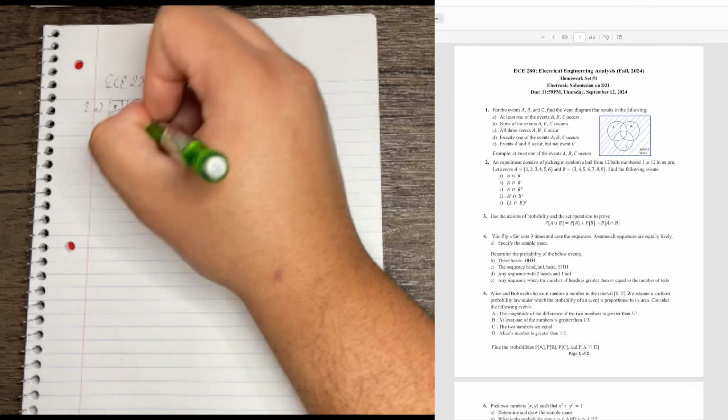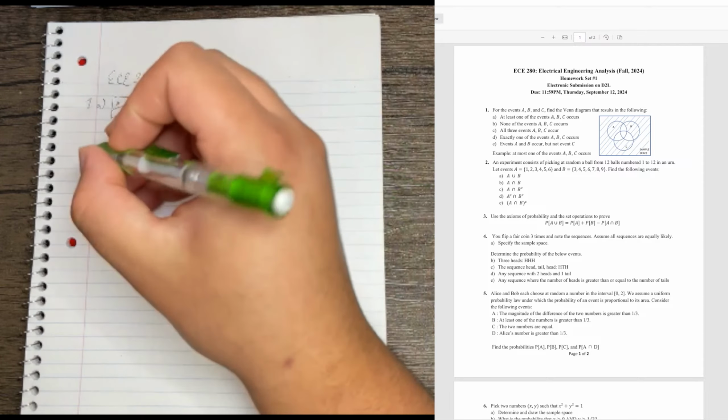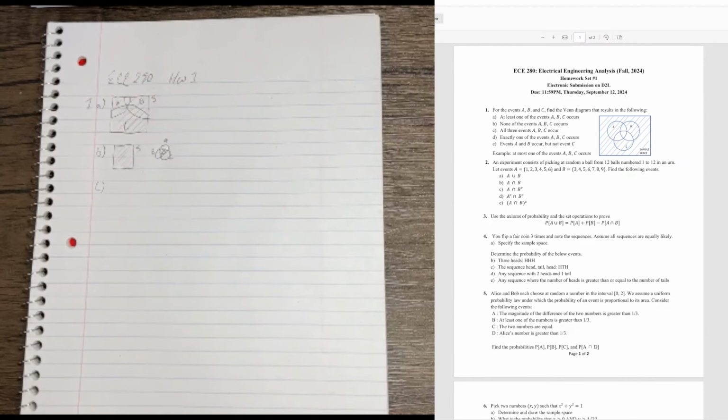And I guess maybe shade in the areas that is being done. C. All three events occur. Oh, maybe I'm just shading in. I don't really know how else I'm supposed to be doing this.